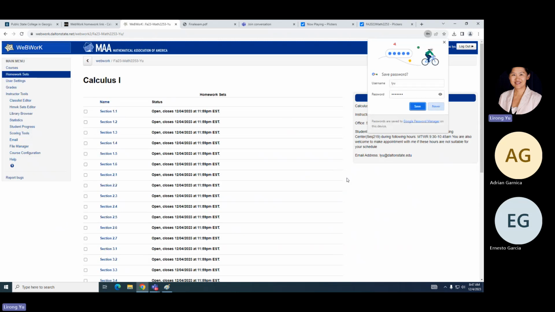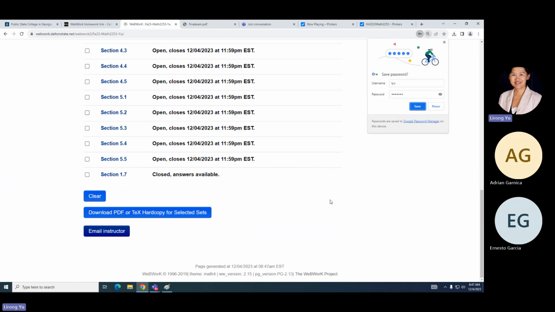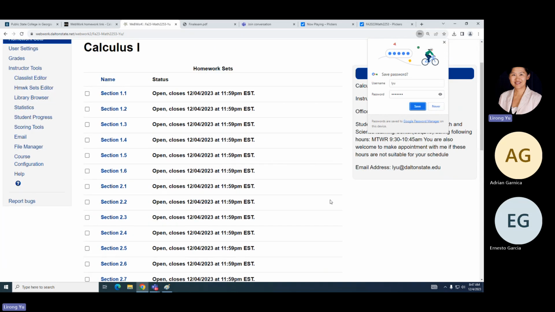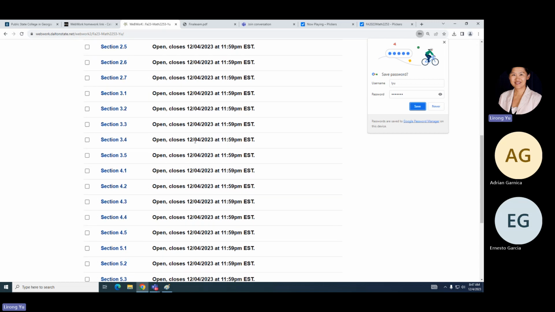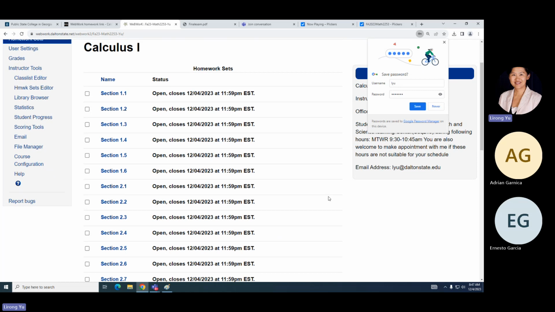On homework, I opened up all the homework. They're all due today at 11:59. If you want to get enough credit for the homework, it's 20% of your grade. So it's not a huge portion, but it's still pretty big. And if you want to get full credit for it, you can try.